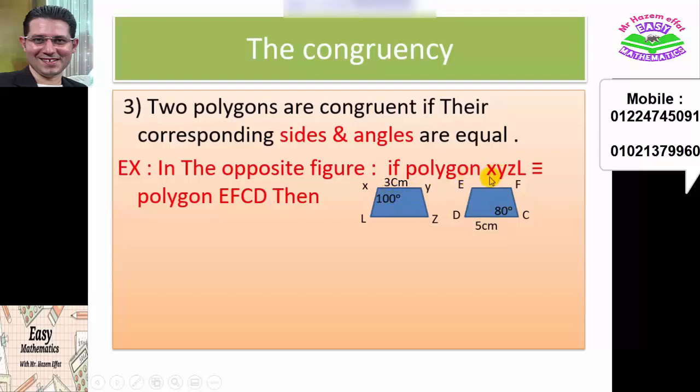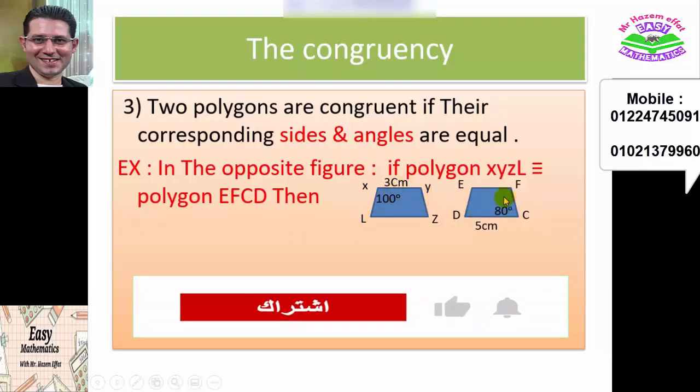For example, XY line segment will be equal with the corresponding line segment EF, measure of angle X will be equal with the corresponding angle E, measure of angle Y equals the corresponding angle F, Z equals the corresponding angle C, and L equals angle D. So when we have two congruent polygons, we deduce that all corresponding sides and all corresponding angles must be equal.